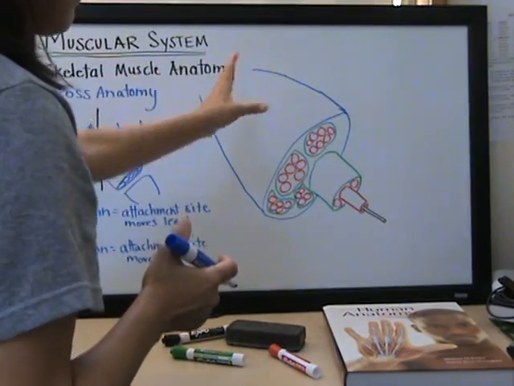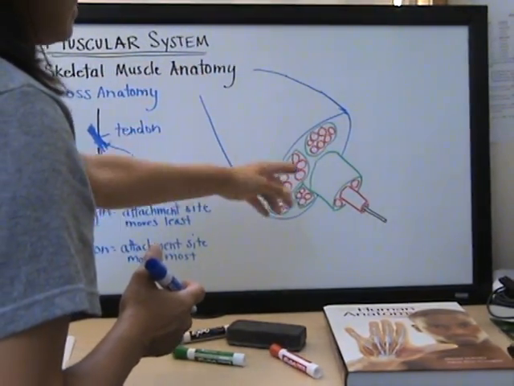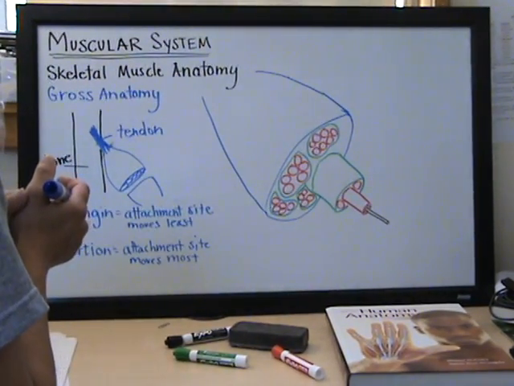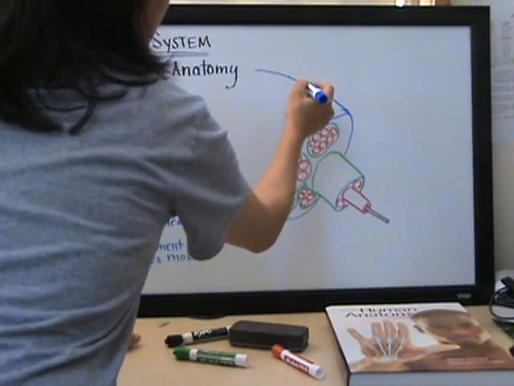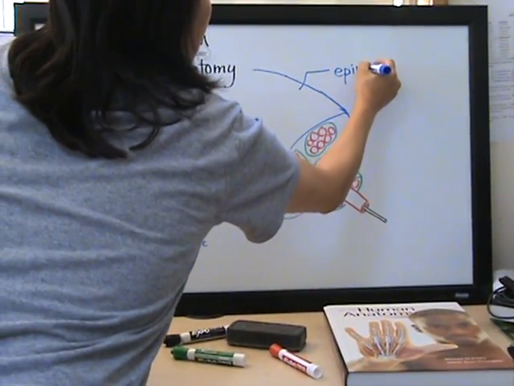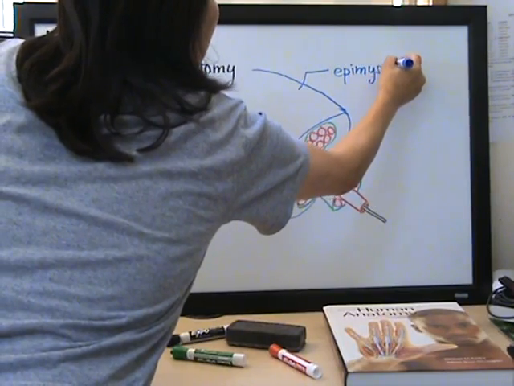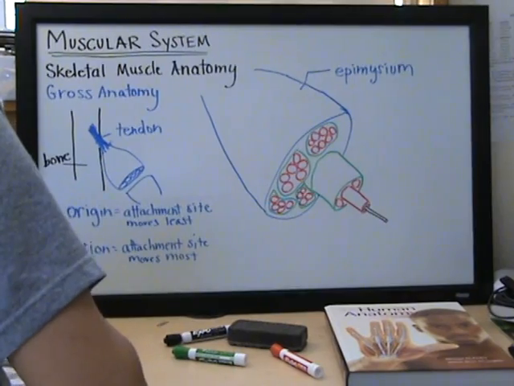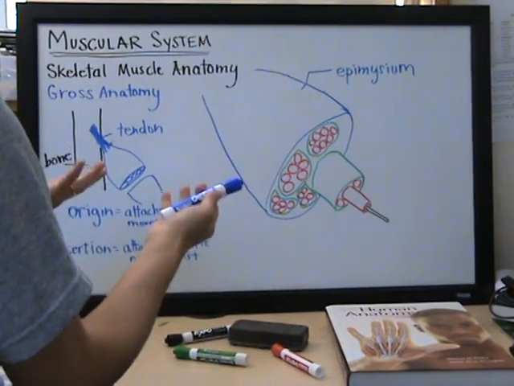There's an outer layer that surrounds the whole muscle, and then layers within that muscle, which we'll talk about in a second. So this outer layer is called the epimysium. Okay, so dense irregular connective tissue surrounds the whole muscle.